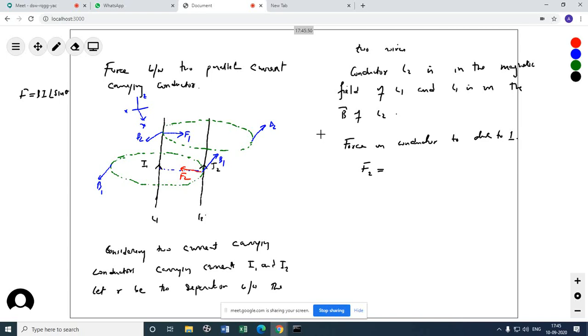It is in L1's magnetic field, am I right? So this one should be B1, the current will be I2, and this is L. What is L? L is the length of the wire. Both the wires have the same length. Let R be the separation between the wires, and let L be the length of the wires.